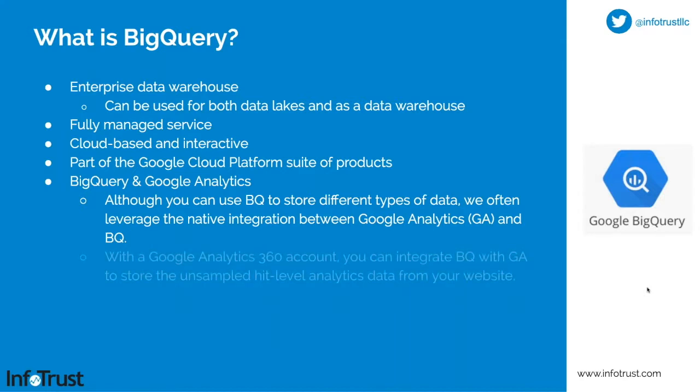So when companies upgrade from the free version of Google Analytics to Google Analytics 360, one of the benefits is that you can link BigQuery with Google Analytics, and you can use BigQuery to store the full unsampled hit-level data that's being collected from your property.